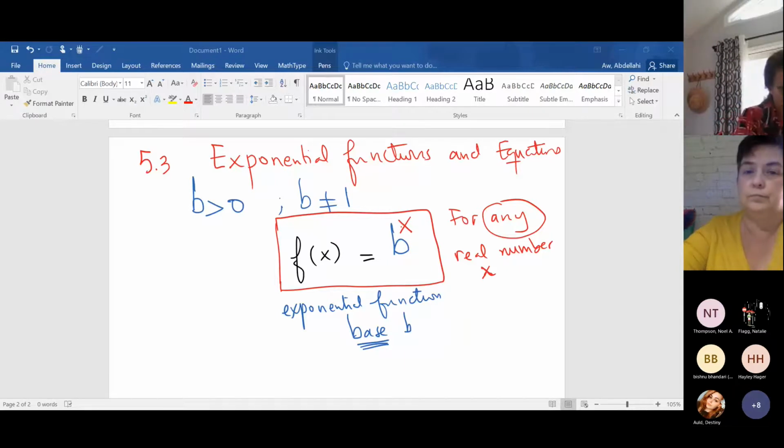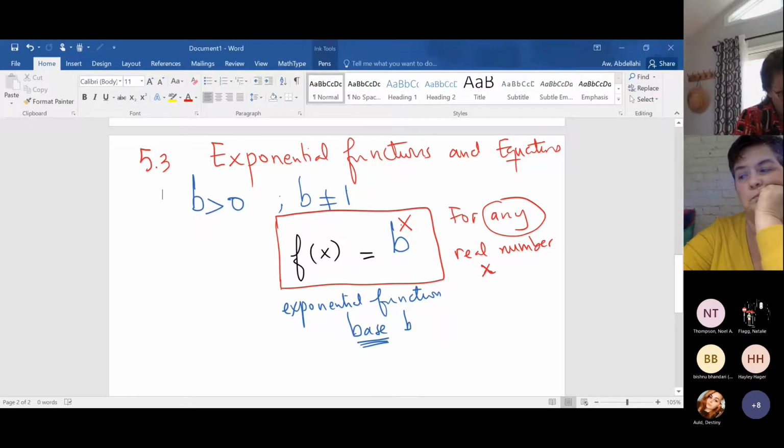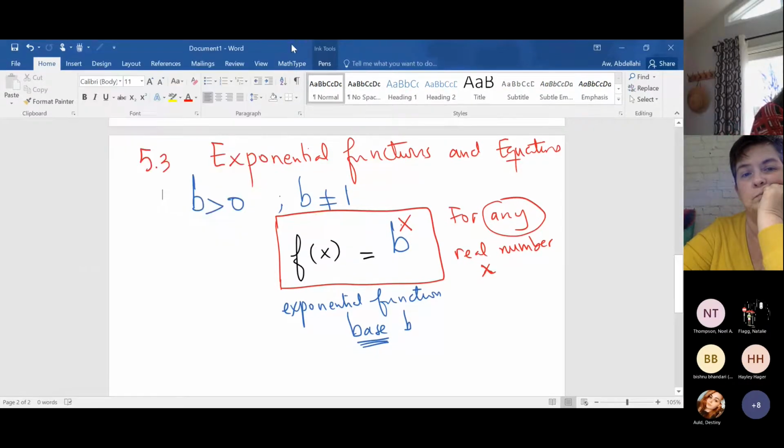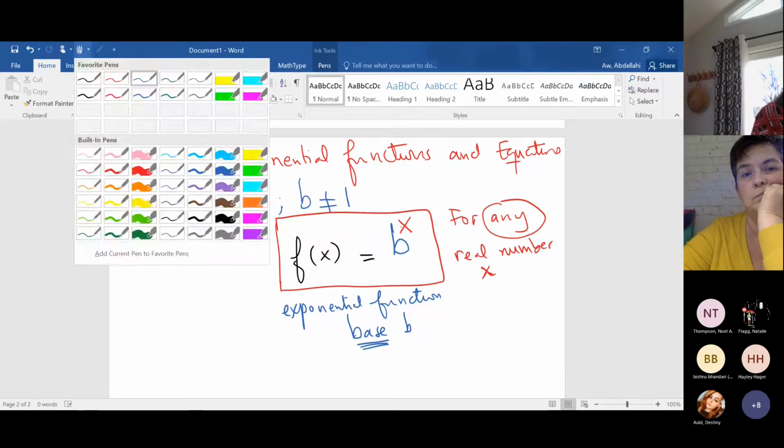Now, why don't we allow the base to be negative? For the simple reason, look at this. We allow the exponent to be any number, right? Now, let's look at the story of exponents real quick.